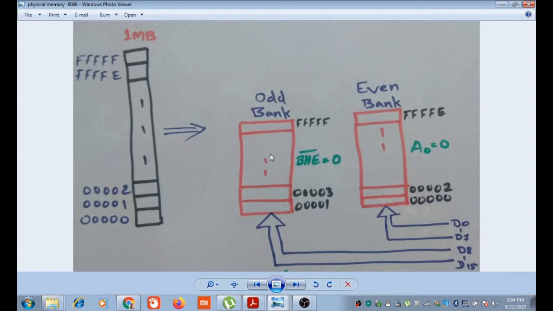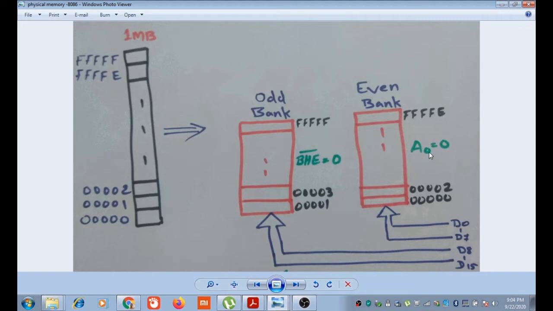The size of each bank is 2 raised to 19 bytes. See this, 20 address lines A0 to A19.